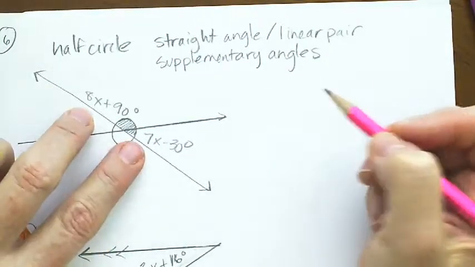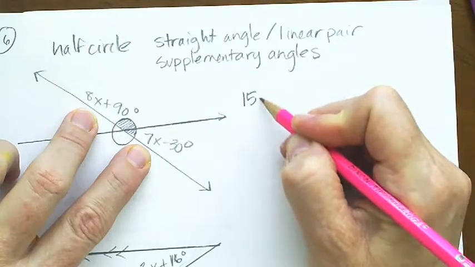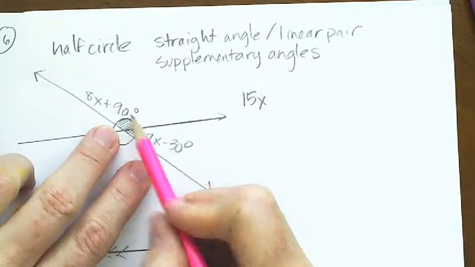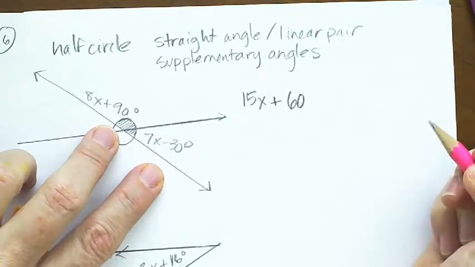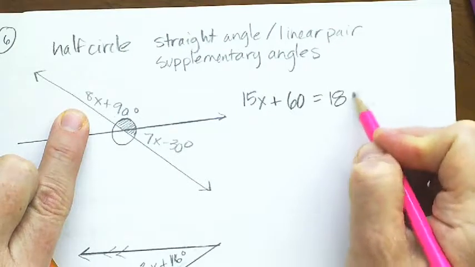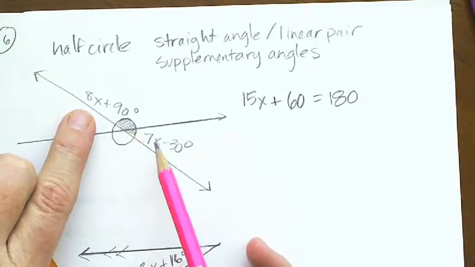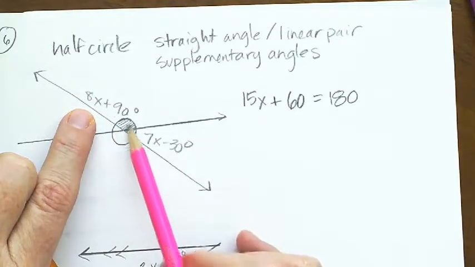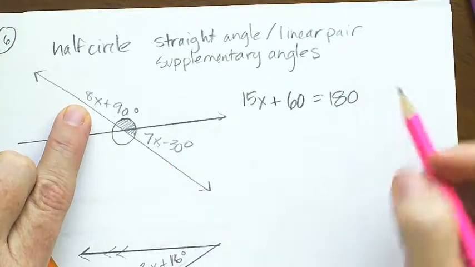So I'm going to go ahead and combine like terms, 8x and 7x, 15x, positive 90, negative 30, positive 60, because I know that this plus this equals 180. So I kind of skipped writing it all out. You had this on the checkpoint, you've had it on con. If you know that these 2 together add up to something, you can go ahead and combine like terms right away.